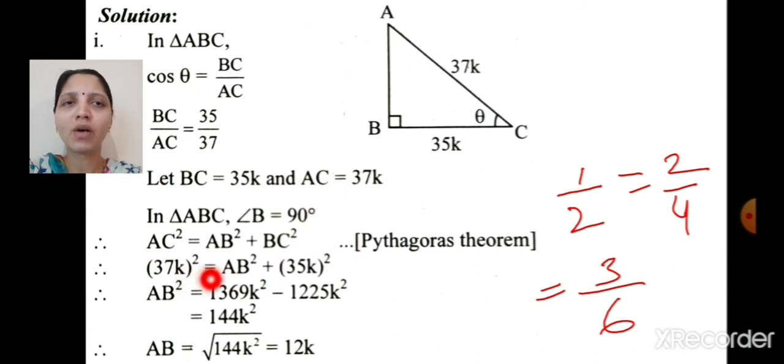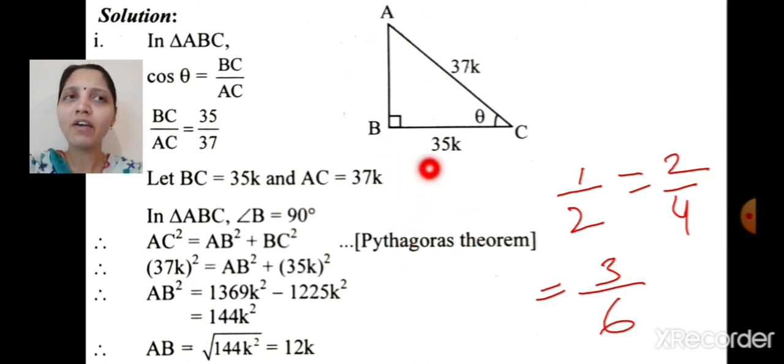Therefore AB square is equal to, shift this 35K to the left hand side, you will get 37K square minus 35K square. 37 square is 1369 K square minus 35K square is 1225 K square. If you do this calculation, you will get 144 K square. Now the square root of 144 K square is 12K. Okay. So your AB is 12K.